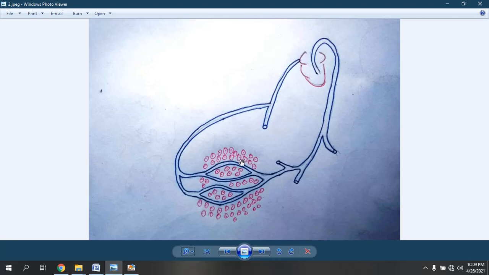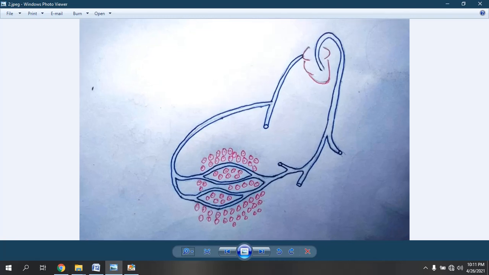But by this mechanism only 2/3 of the plasma goes back to the venous system. 2/3 of the plasma goes back to the capillaries and then to the venous system, but 1/3 of the plasma is still inside the interstitial space.